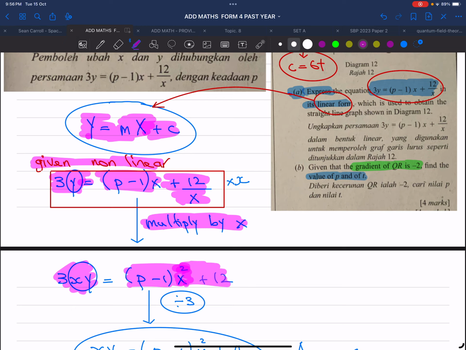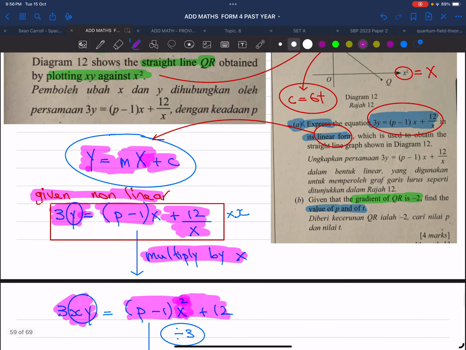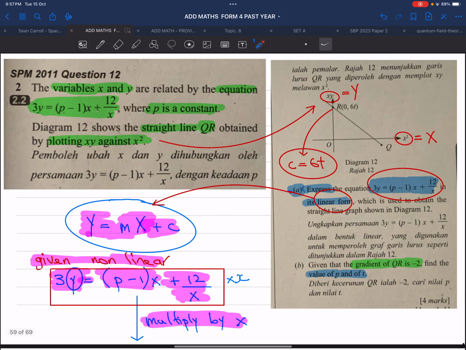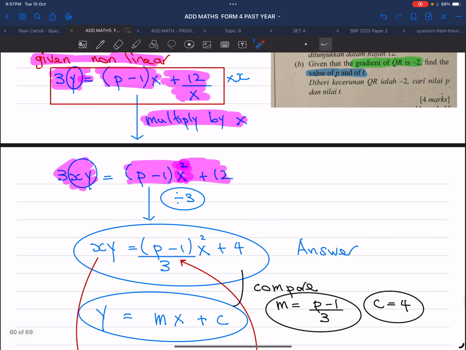Again, this is not enough. Capital Y is xy. We have already got our xy, but there's a 3, which means each term I'm going to divide by 3. So 3xy divided by 3, I just get xy, the 3 cancels.